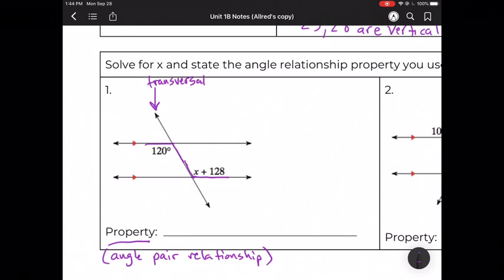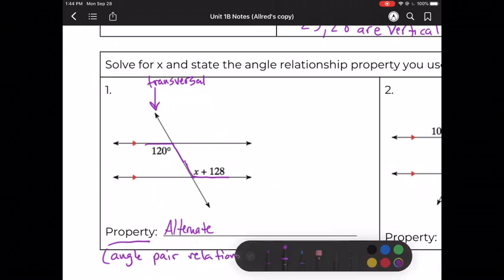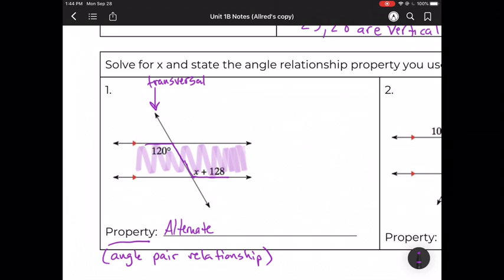That's your transversal. It crosses the two parallel lines. So the word alternate has to show up in my property or my angle pair relationship. And they are interior angles. Okay? They're in between the two parallel lines. So they're alternate interior, and I'm just going to do angle apostrophe S for the word angles.